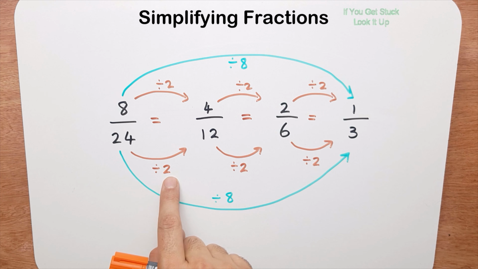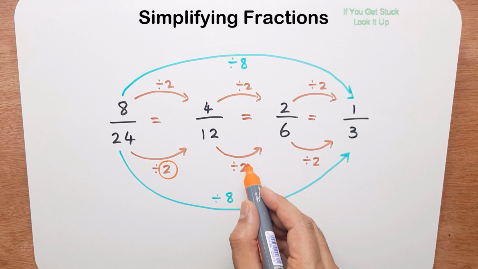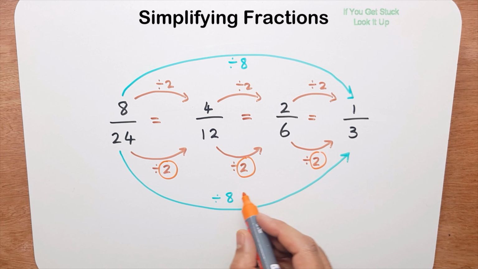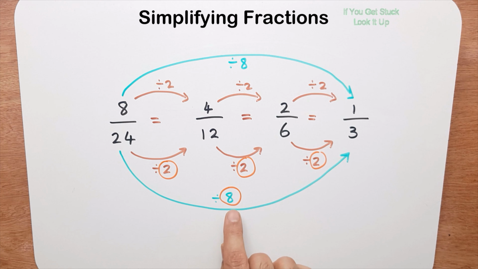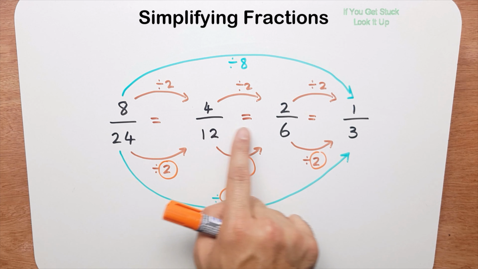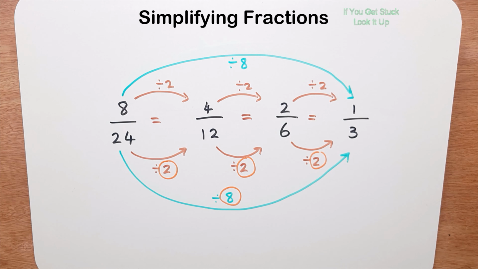Now one more thing, pay attention to this. Instead of doing 1, 2, 3 steps, I've done it in 1 step. So 2 times 2 is 4, times 2 is 8, and that's where that 8 comes from. Now don't worry about this too much, we can practice this in another video, but in the meantime you just use the steps that you can do and simplify the fraction fully.